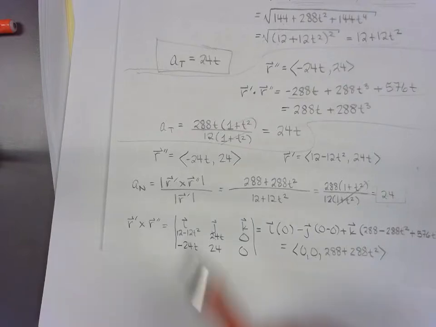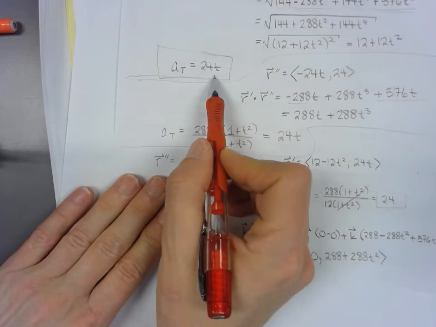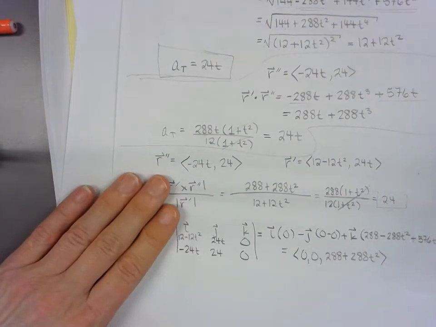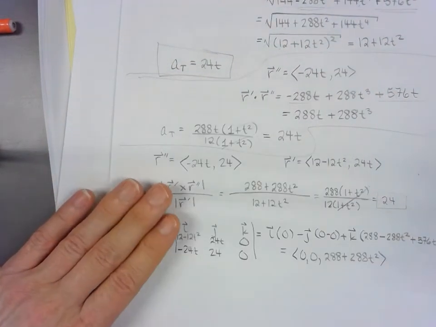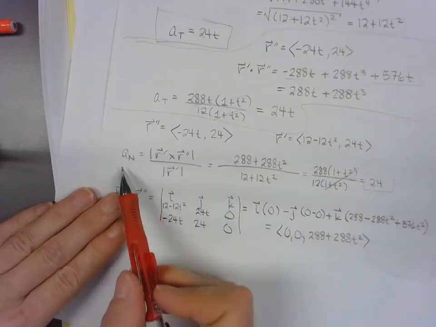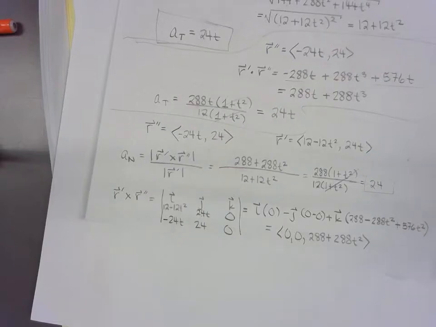The a sub t is like how we think of acceleration, like step on the gas, let up on the gas. That's your a sub t, how you're changing your speed. So if t is small, your speed is hardly changing. But as time goes on, wow, you're really stepping on the gas. You're going faster and faster. The a sub n is always the same, which means your curvature is going to be changing.